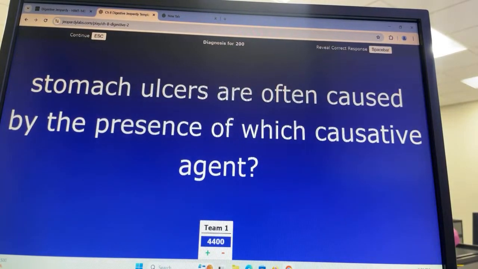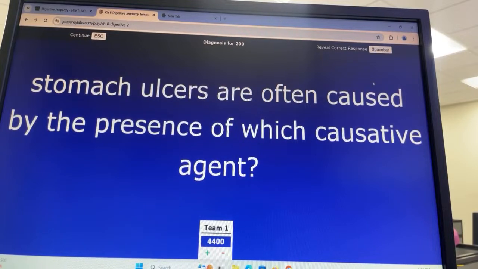All right, stomach ulcers are often caused by which causative agent? What's the name of it? So stomach ulcer is a gastric ulcer, but what causes them? Yeah, that is a drug.